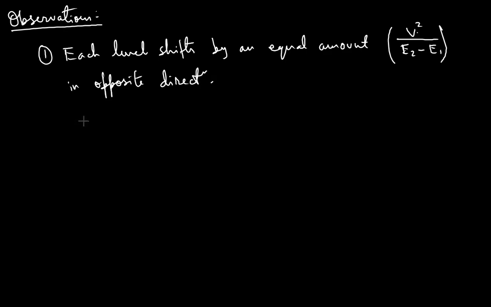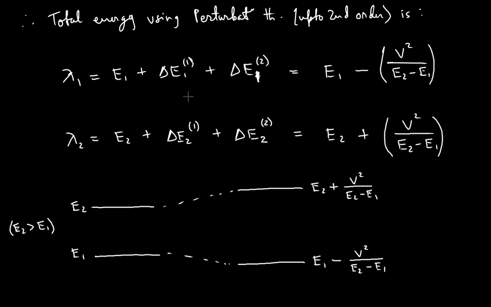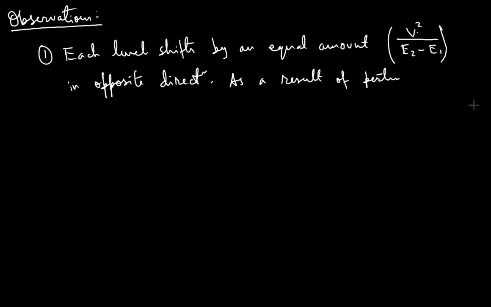So this means that we can say that as a result of interaction or perturbation, what we are seeing is that the two levels repel each other.